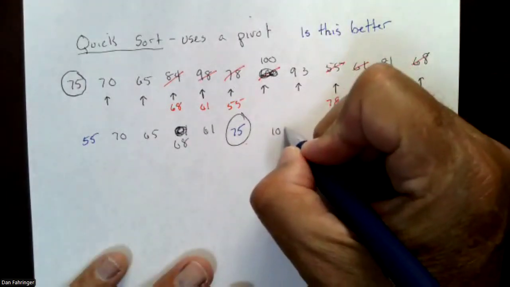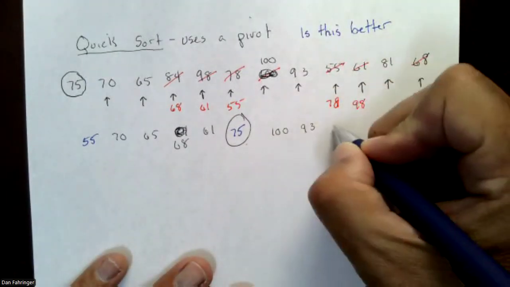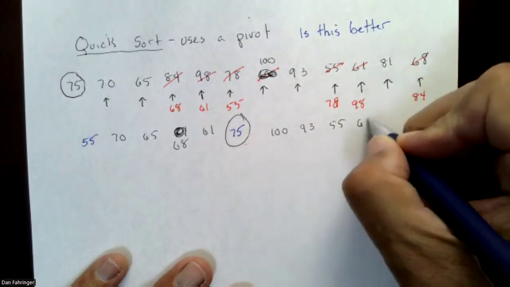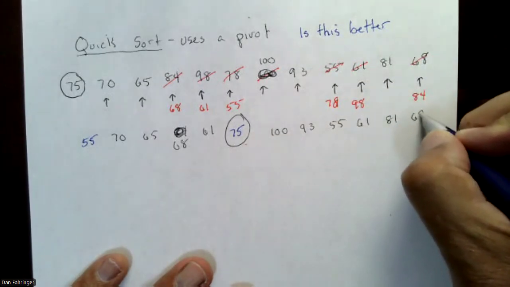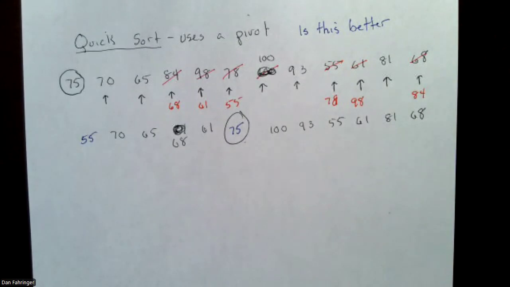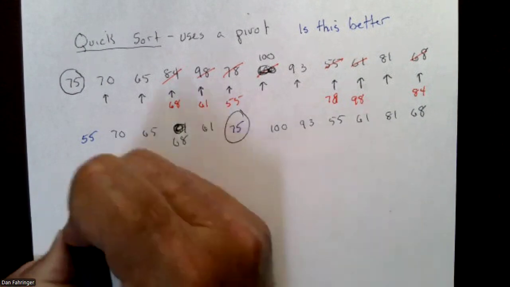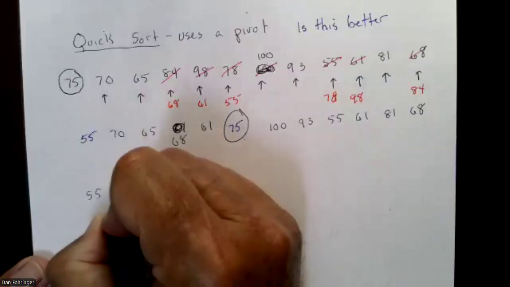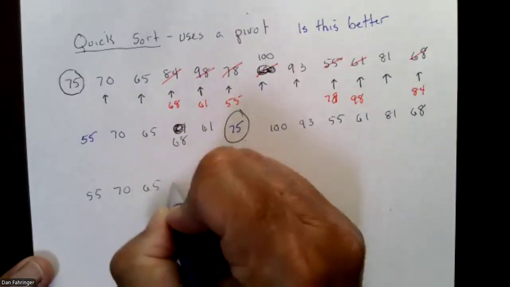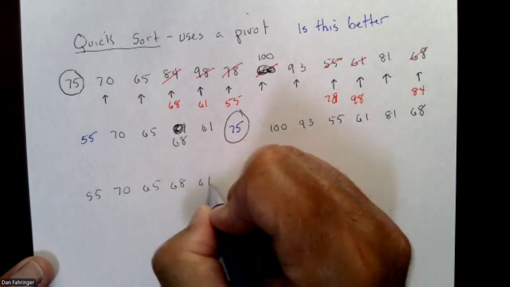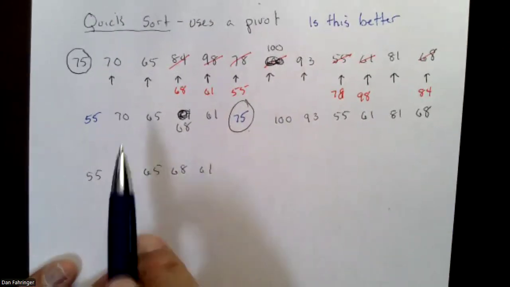All of the numbers greater than are to the right. Guess what? After all that, one number is in the right spot. What's that mean? Well, that means I now take this list 55, 70, 65, 68, 61, and repeat the process.